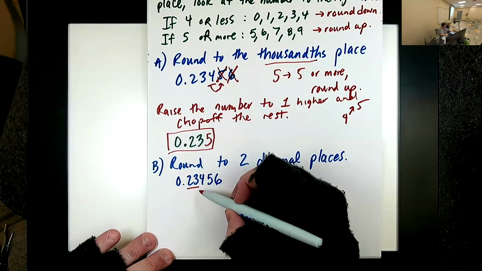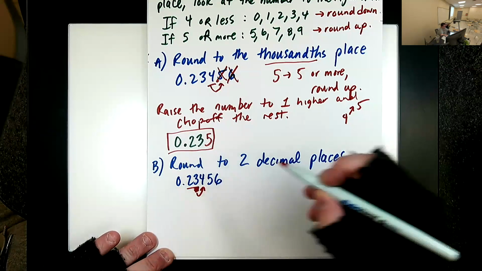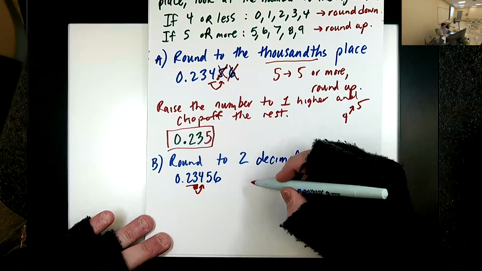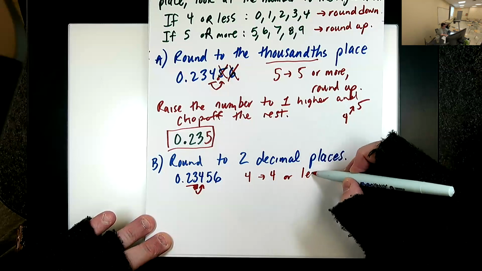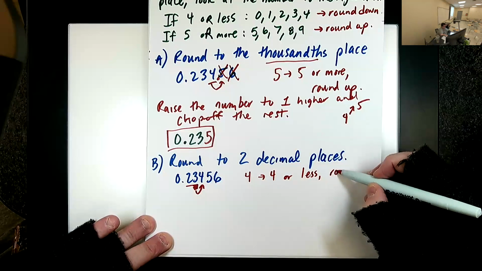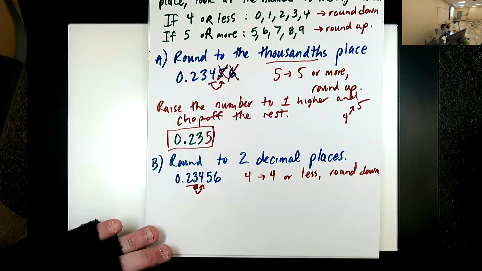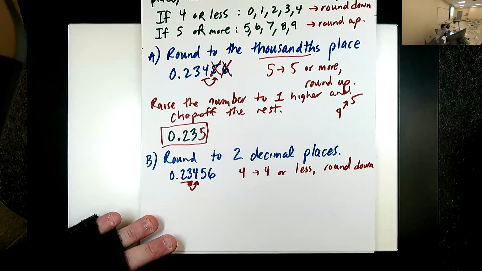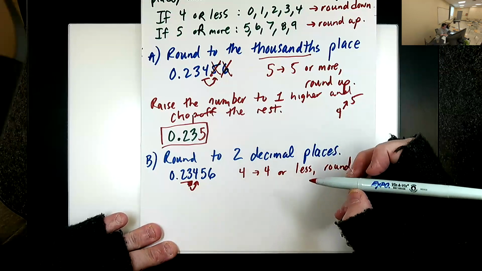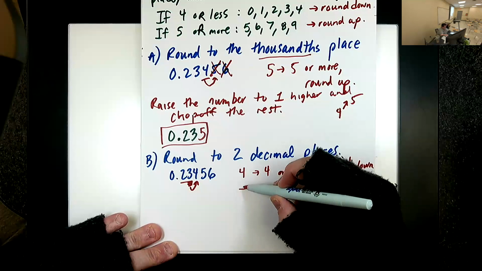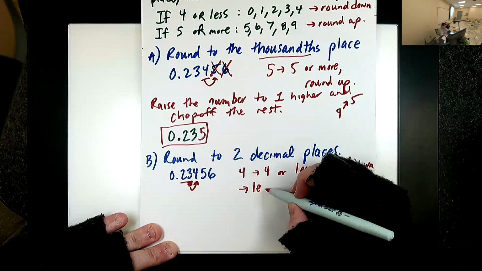1, 2, I'm rounding to the 3. So I'm rounding to the 3. I look at the 4. The 4 is 4 or less. So I'm going to round down. I say round down, that's technically what we're doing. In all reality, what that ends up being is we leave the 4, we leave the 3 alone.